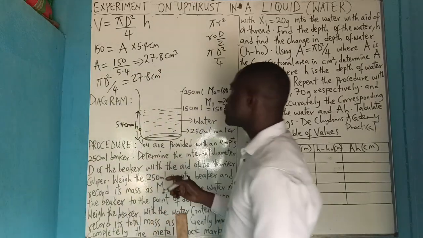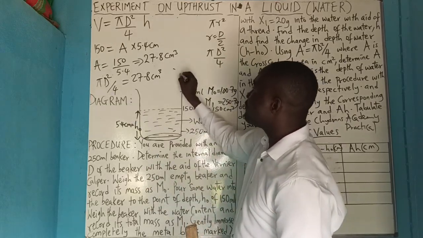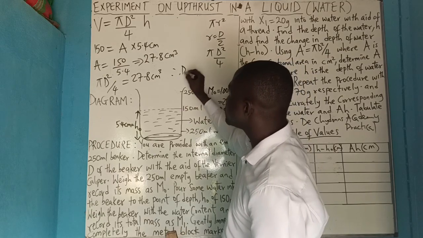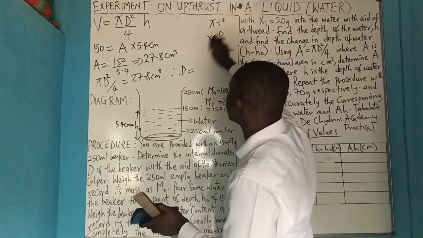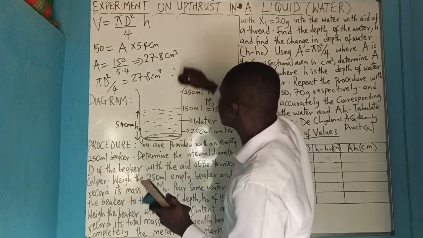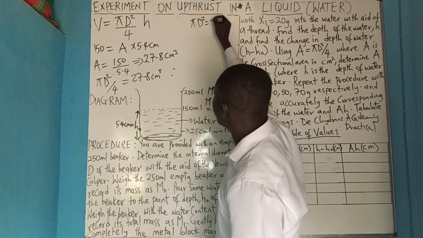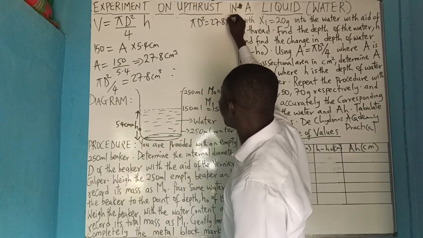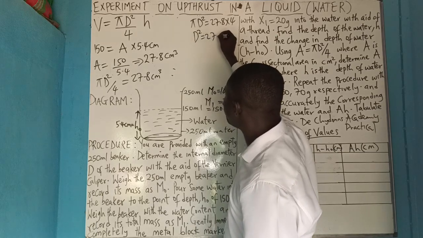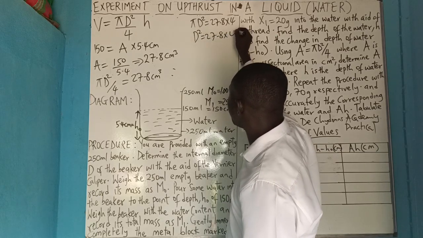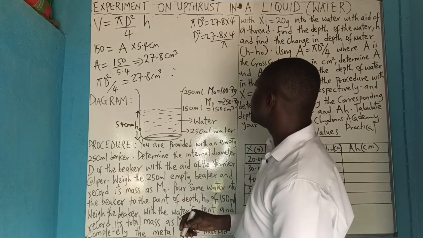Making d square subject of formula, we say that pi d square is equal to 27.8 times 4. D square is equal to 27.8 times 4 all over pi. Right? Yes.